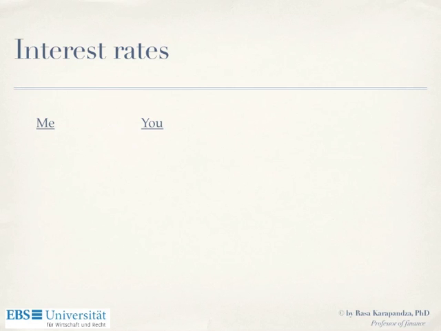And I need money, I need $100. And I ask you, could you please give me $100? And you say, sure, no problem, but in 1 year from now, you will have to give me a bit more. I charge you some interest. And this interest is, let's say, 5% per year. So, in a year from now, I would have to give you back $105.